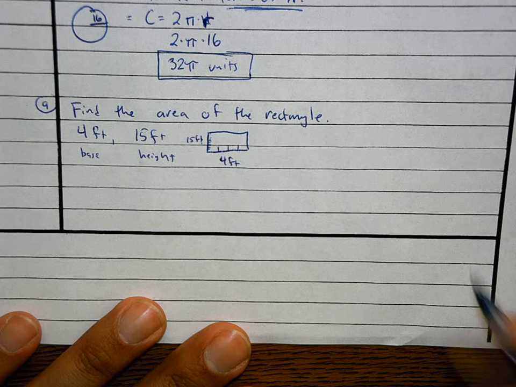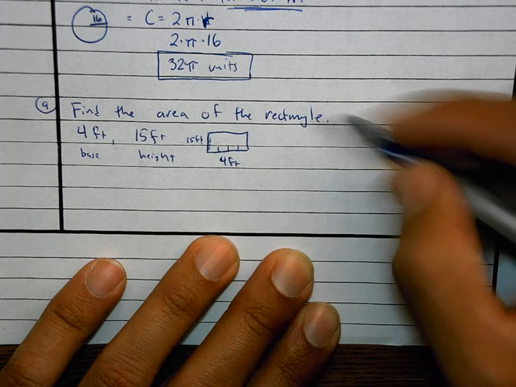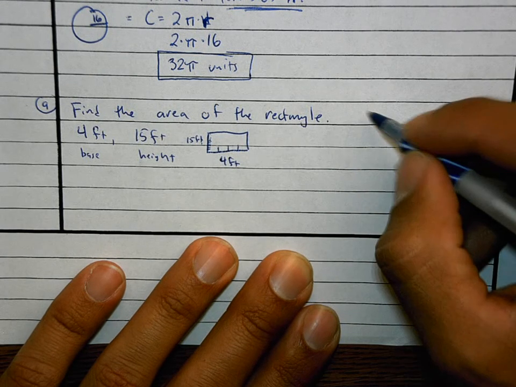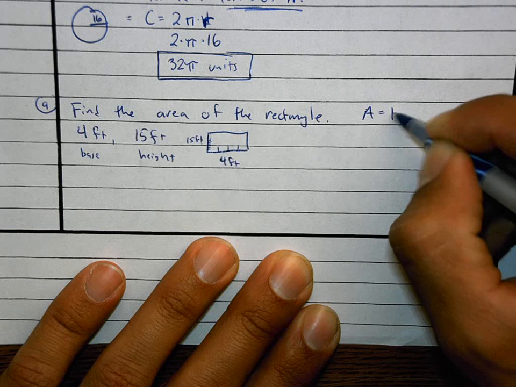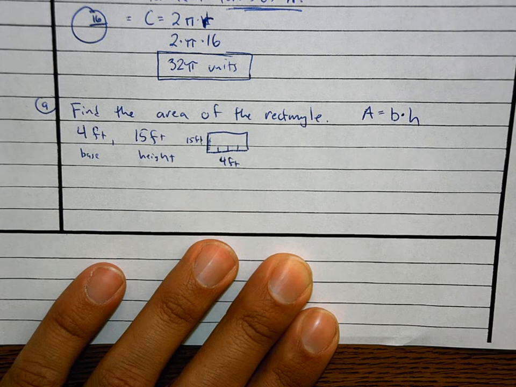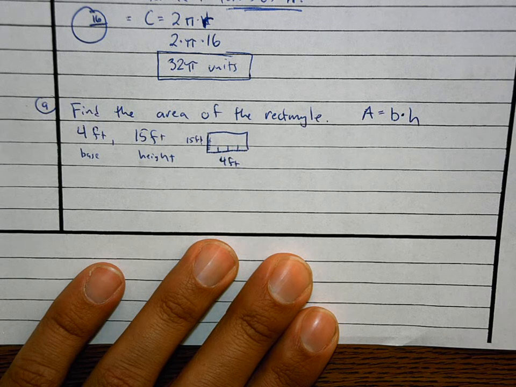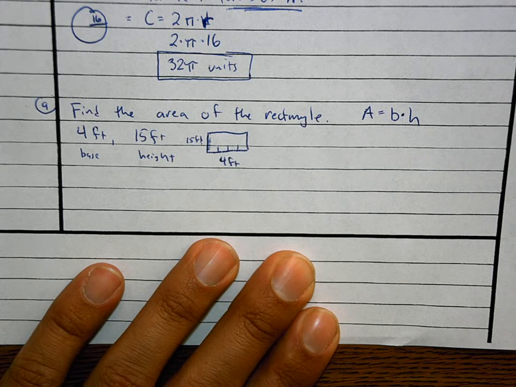And so I'm going to write this up next to this problem just in case you need to see it. The area of a rectangle is our base times our height. It's the fastest way to count all the squares that will fit inside a particular rectangle.